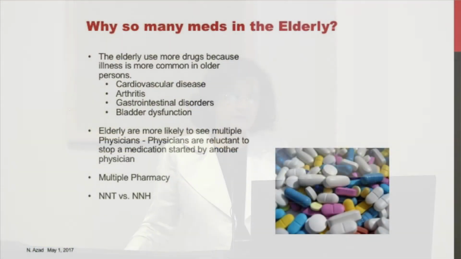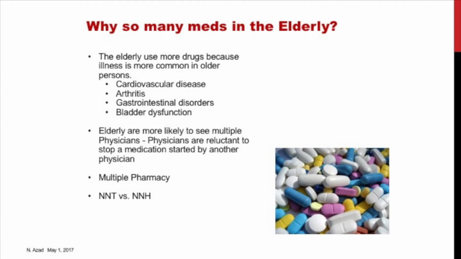So in polypharmacy, they have the chronic conditions, they're seeing lots of doctors, they're seeing lots of pharmacies. And many of us as physicians are quite reluctant to stop drugs. And we also have not yet really looked at the literature more critically. Number needed to treat, the benefit versus number needed to harm.